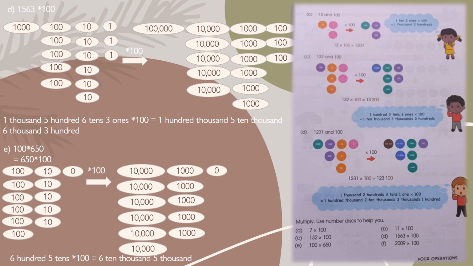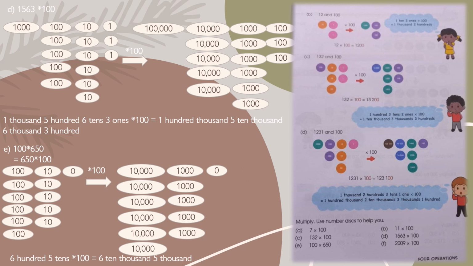When 10 is going to multiply with 100, it becomes 1000. Similarly, when 1 is going to multiply with 100, it becomes 100. So if we multiply 1500, 6 tens, 3 ones, we have 100,000, 5 10,000, 6,000, and 300.